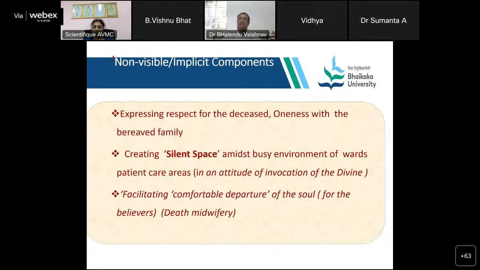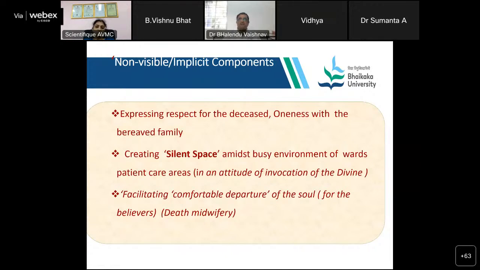So, standing at the side of the dead body, at least a few doctors and nurses and the relatives, it is not visible, but it is experiential. It expresses respect for the deceased and it expresses oneness with the bereaved family.